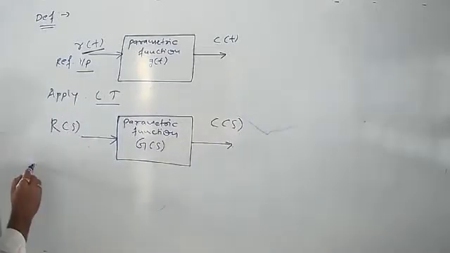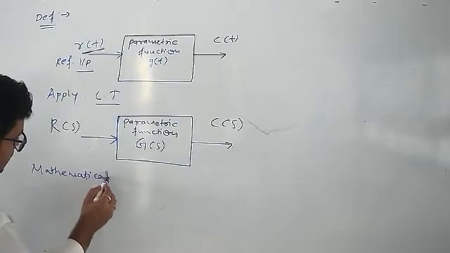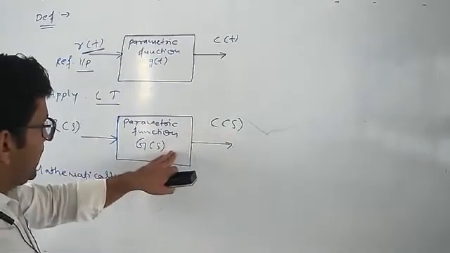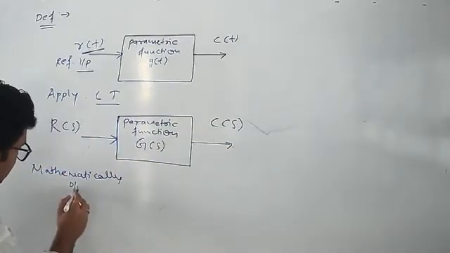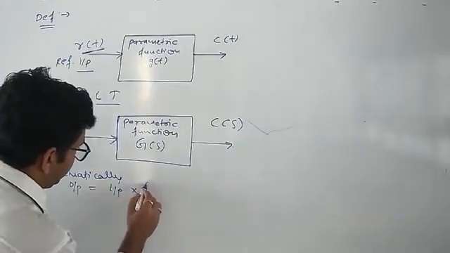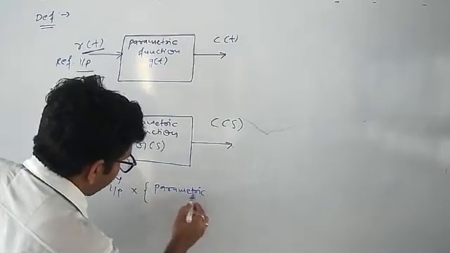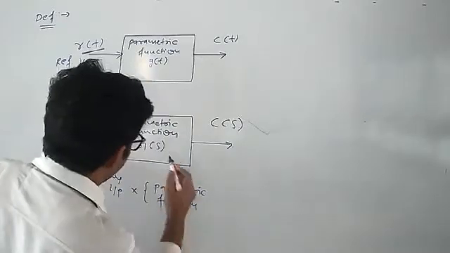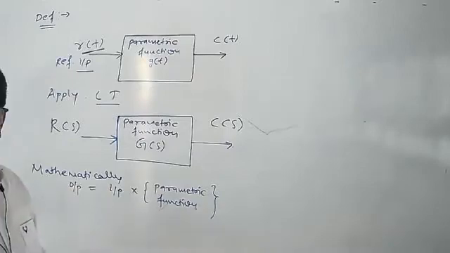So mathematically we can write a correlation between output, parametric function of the system and the input like this. Output of the system is nothing but input of the system times the parametric function of the given system, which is indicated by either G of t, or G of s.